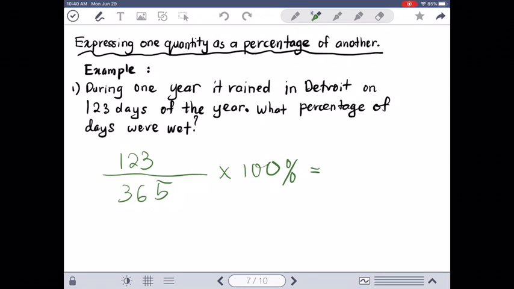We should get 33.69863%, and we round off to at least 2 or 3 decimal places, but in this case it will become 33.7%.